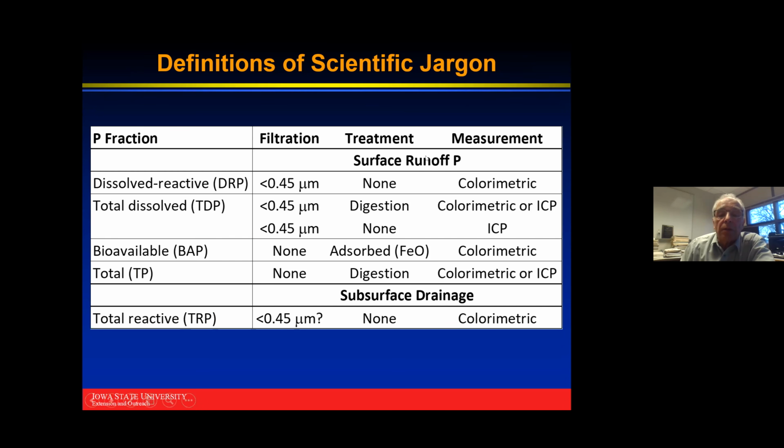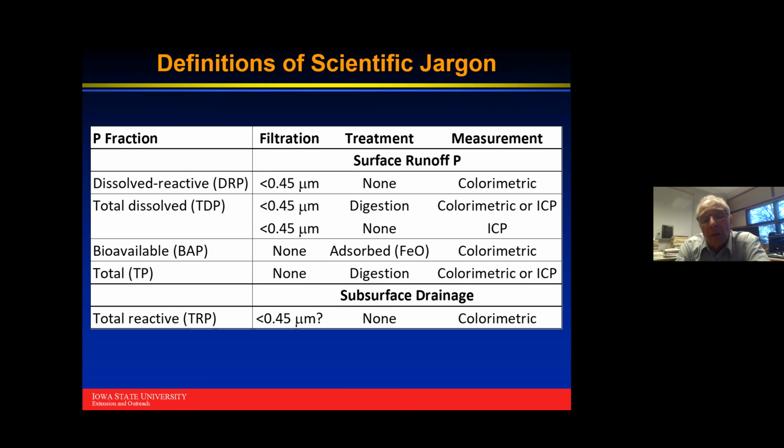When we are talking about surface runoff, most of the time we have the dissolved reactive P, which is measured after filtering through a very fine filter, and measured colorimetrically with the method of Murphy and Riley. So that's the most common dissolved P measurement.